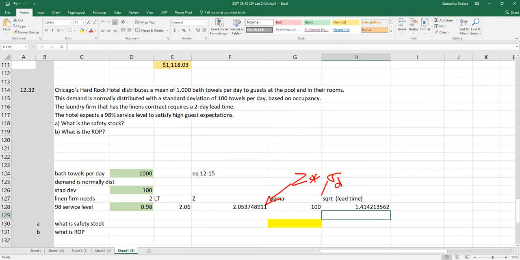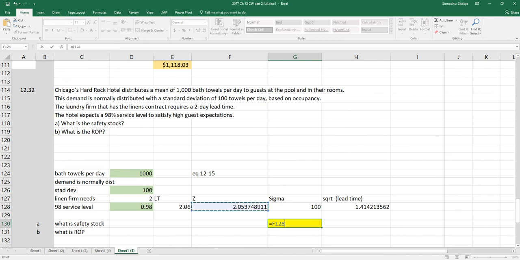So z we know, 100 we know, standard deviation of the demand we know, and the square root of lead time, which is 2. So now we can multiply all these three numbers, equals z times sigma of demand times the square root of lead time. Now this 290 towels is the safety stock.